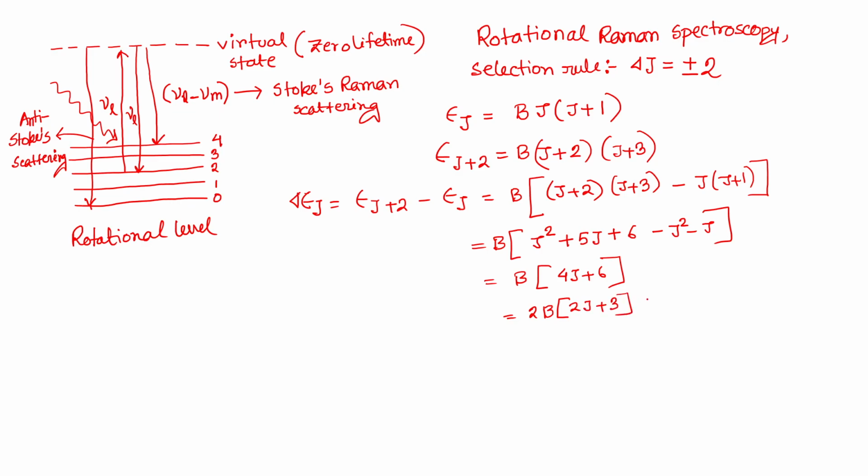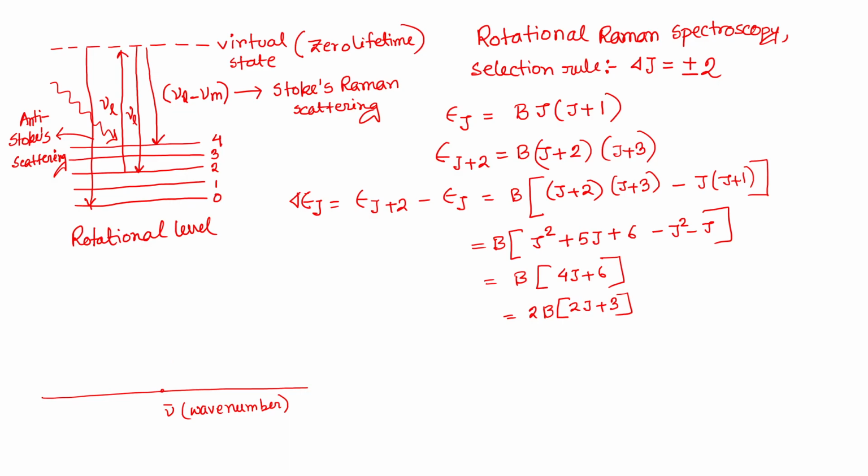This is going to be your difference between the energy levels. So if we think this is your spectrum and this is your wave number, nu bar, suppose this is your 0.